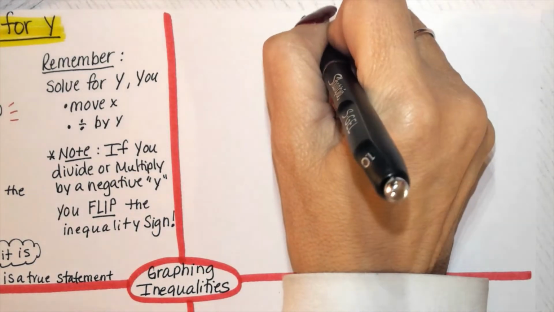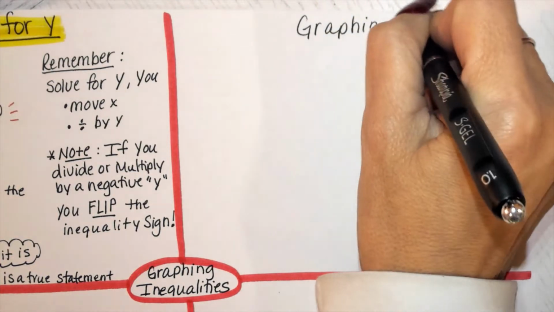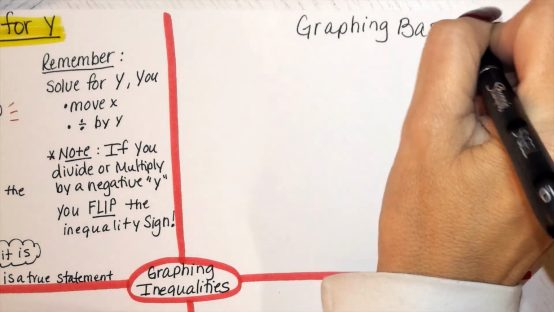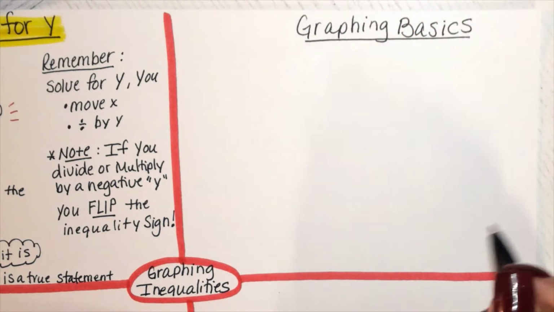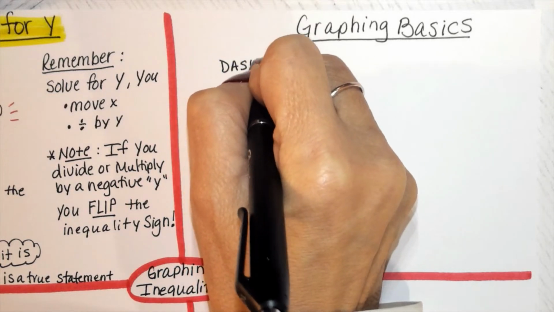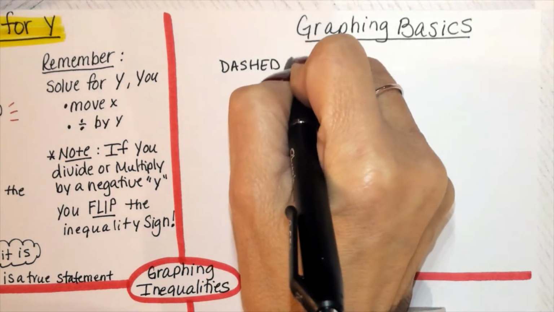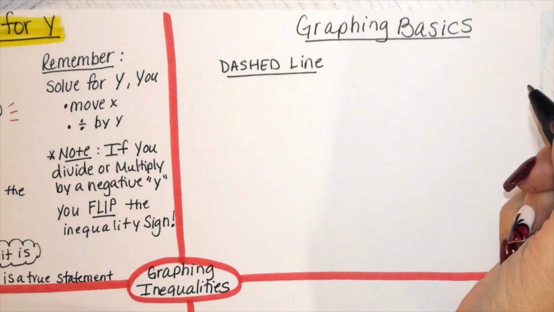So, how do you graph these things? Let's do graphing basics. Now this is all about inequalities and graphing the basics of inequalities. Here are some rules we're going to have. The first is going to be what's called a dashed line. There are 4 basics that we're going to be doing here.